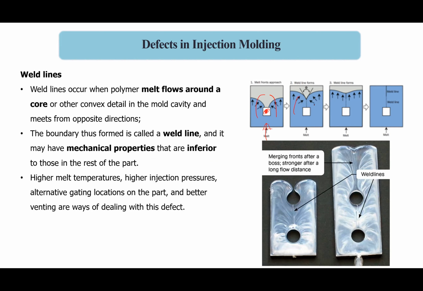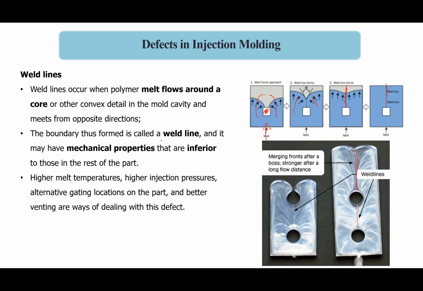It propagates through, and the material meets along a line. If the mold is cooled very quickly, then this material cannot fuse together, and it creates a line in there.